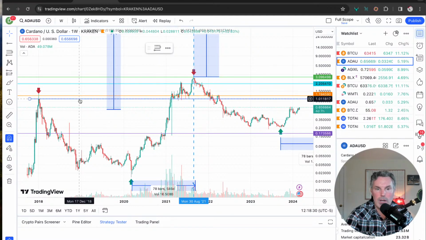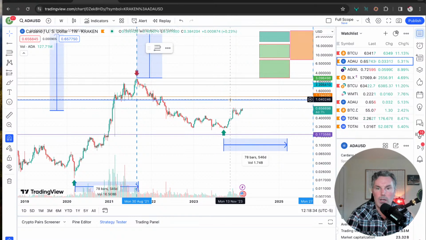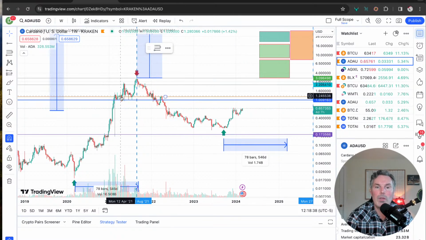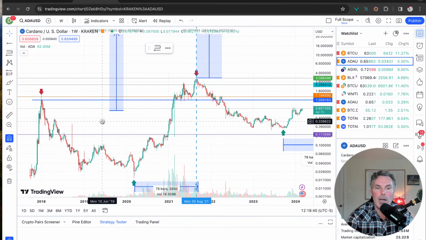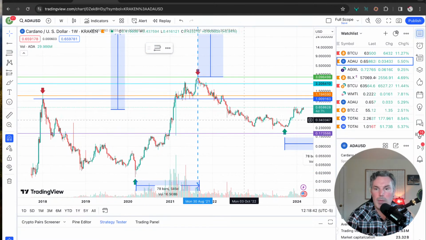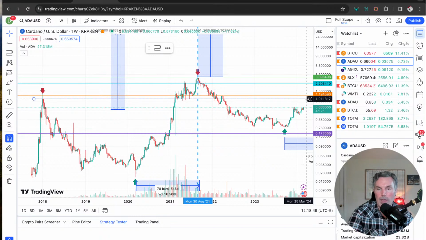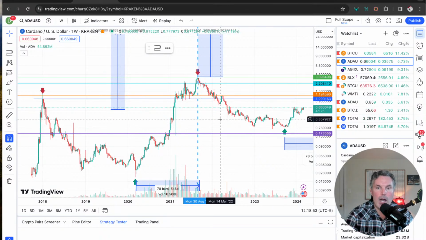You see this blue line that my cursor is scanning across? This is the mark of Cardano's previous all-time high of about $1. And from $1 to $1.20 was that window, that box of Cardano's previous all-time high.